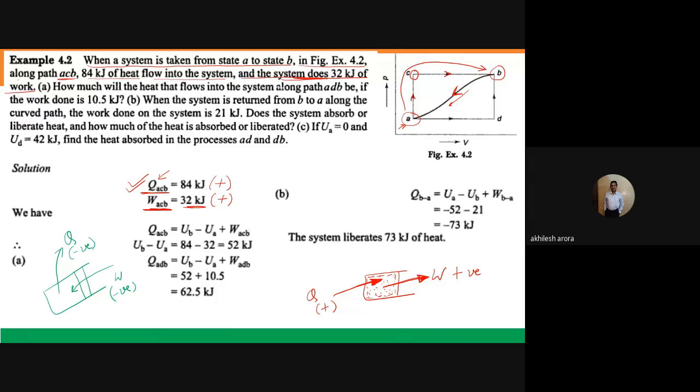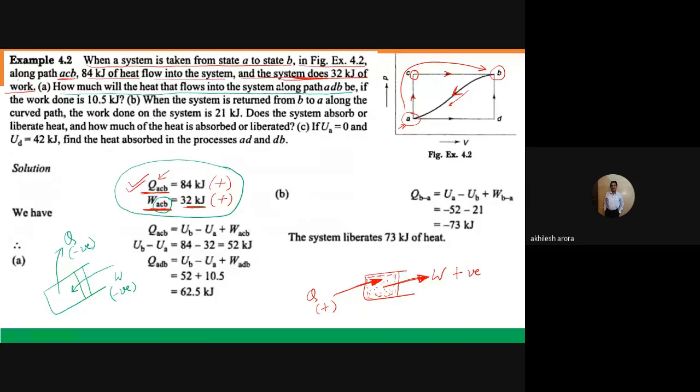So we are given two quantities here. Heat transferred into the system is 84 kilojoules and work transferred into the system is 32 joules along the path ACB. Now it asks how much will be the heat that flows into the system along path ADB.